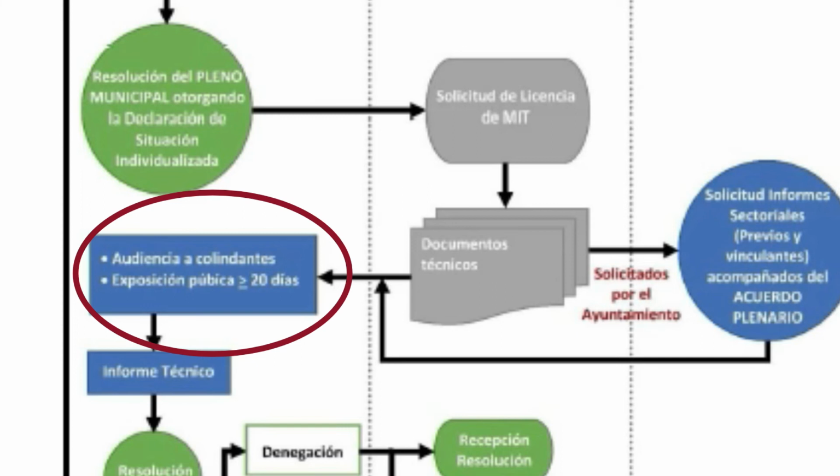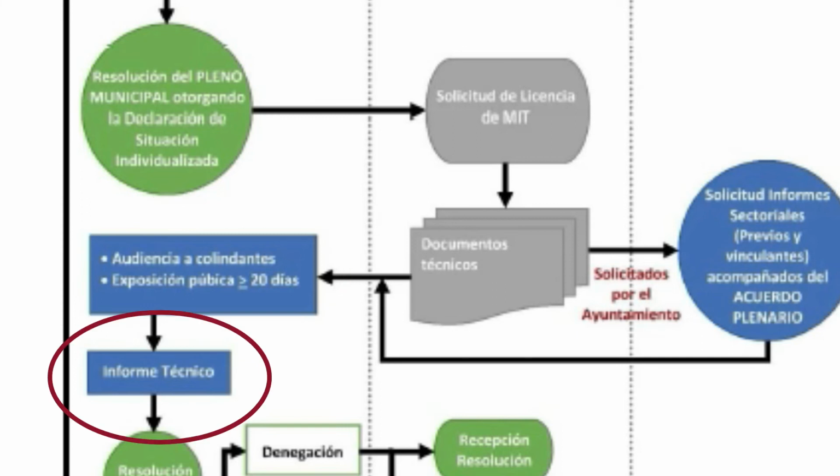There's a period there of 20 days, etc. And with all that information, so with the feedback from the neighbours, the sectorial entities' reports, and the project that your personal technician has prepared, all that goes to the municipal technician. And he makes, you guessed it, a report, informe técnico. So we get fed into that smaller blue rectangle.